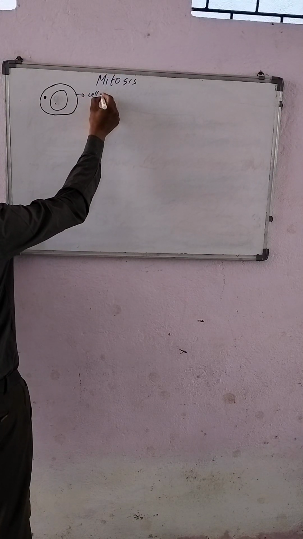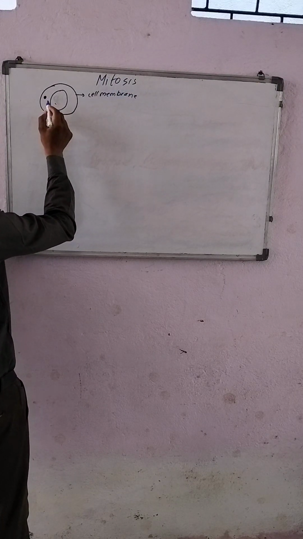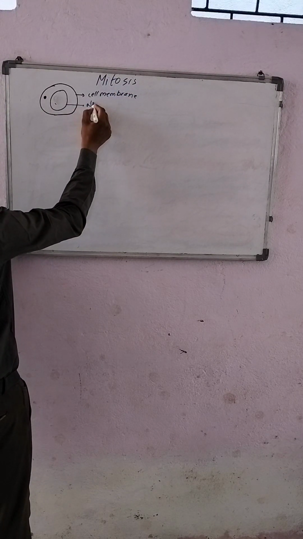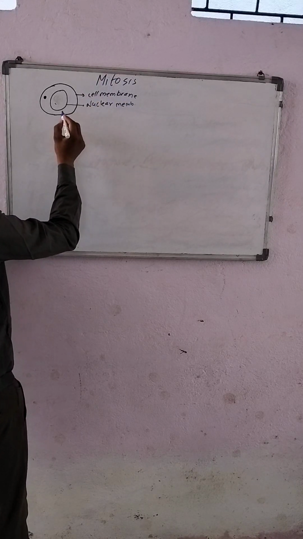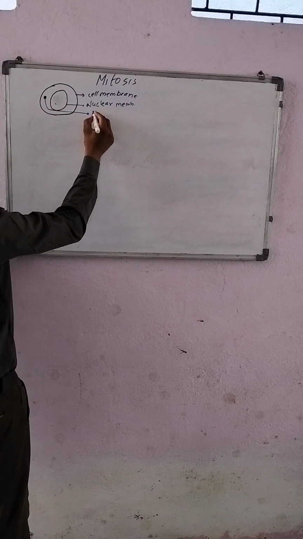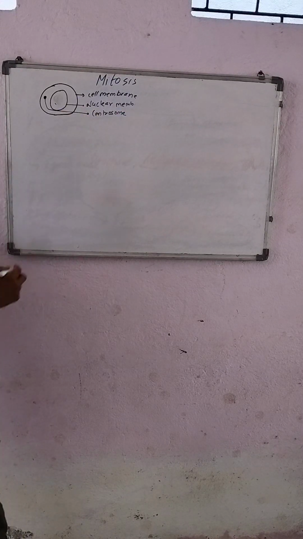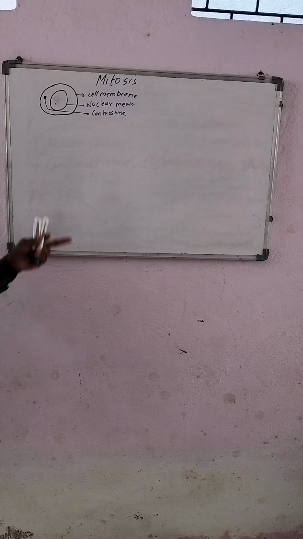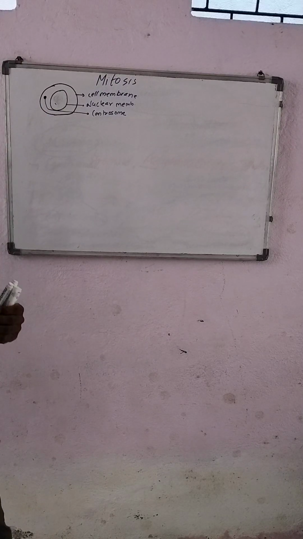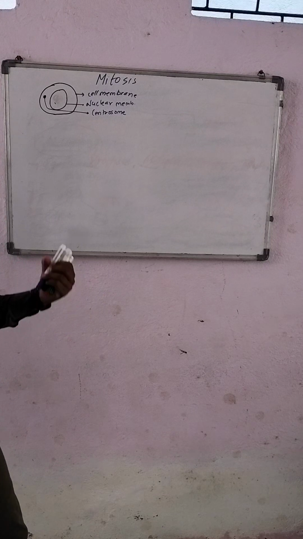That is the cell membrane, that is the nuclear membrane, and this is the centrosome. What is the centrosome? The centrosome is the organelle of the cell which is responsible for forming the centriole, which helps in cell division. How? Let's see.